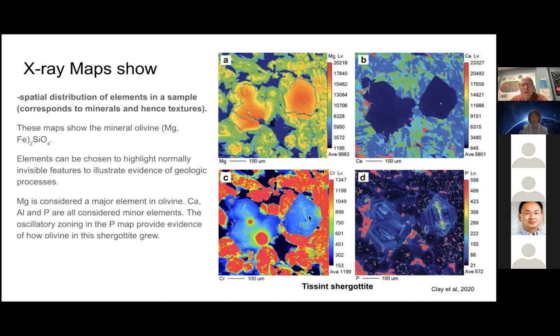Here we have a map of the element chromium and one of the minor element phosphorus. And these show this interesting detail of these concentric rings. These are very similar to the growth rings that we see in a tree, and they record how the crystal is growing in this liquid.